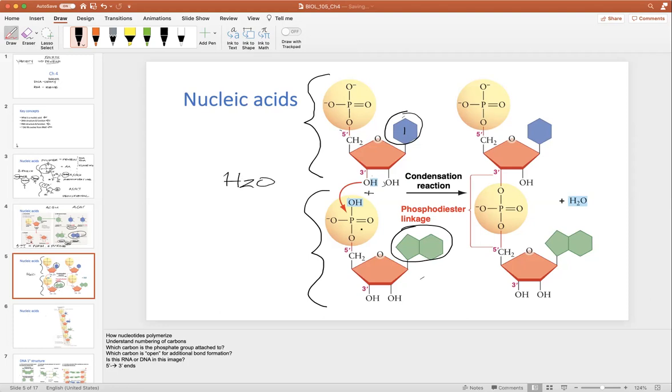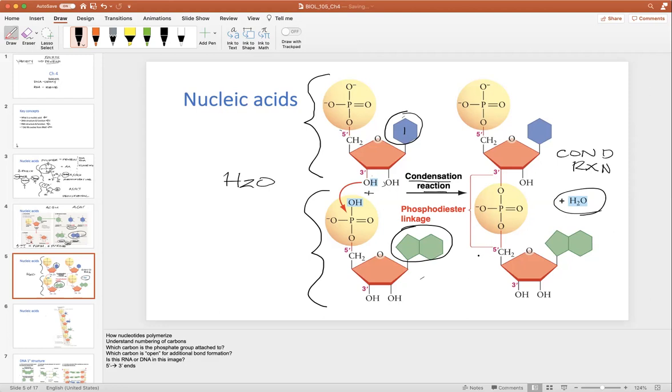So these will then merge together, right, like thus, okay? So here we have a bond that is formed and water has been lost. This is your condensation reaction, okay? And of course, they've written it for you right there.